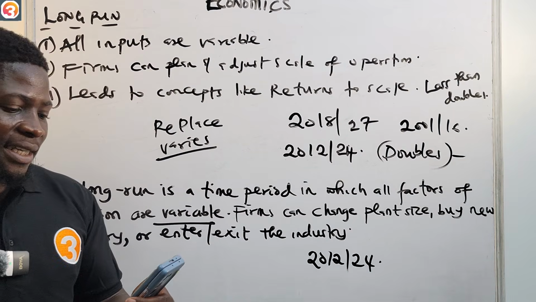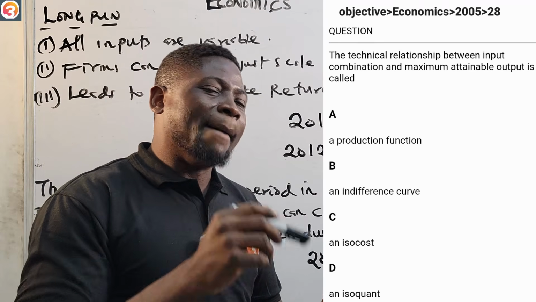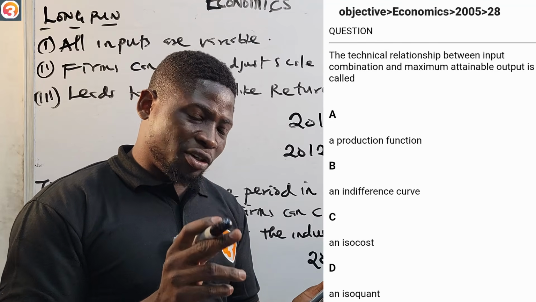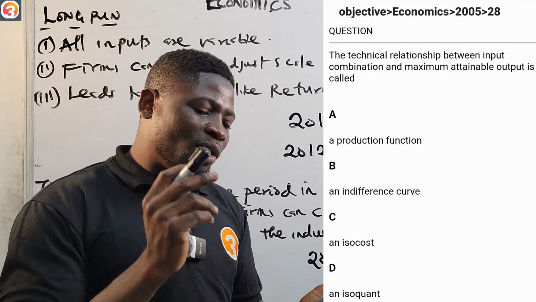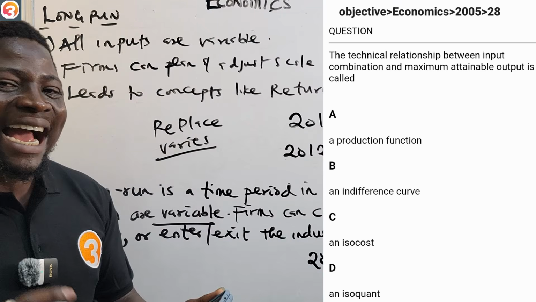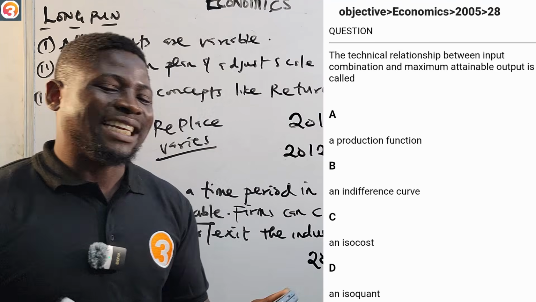2005 number 28 says the technical relationship between input combination and maximum attainable output is called what? A, production function; B, an indifference curve; C, an isocost; D, an isoquant.